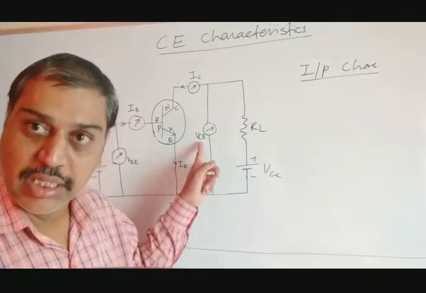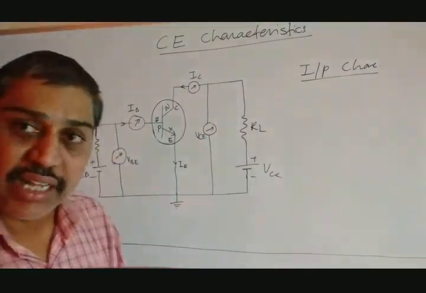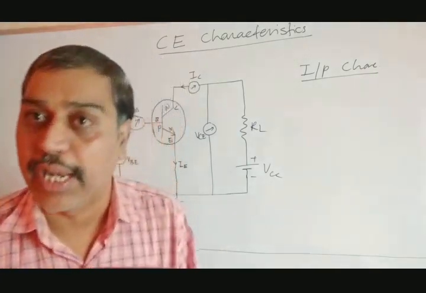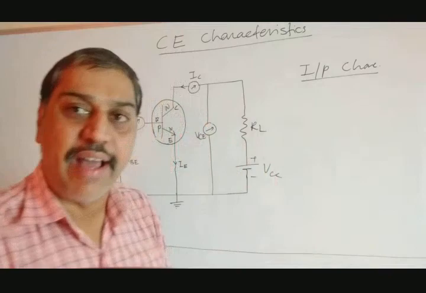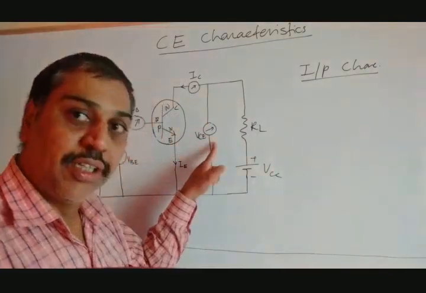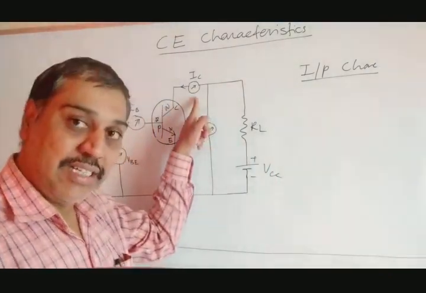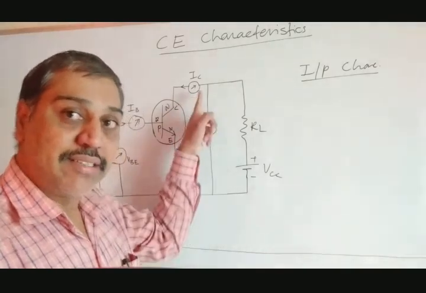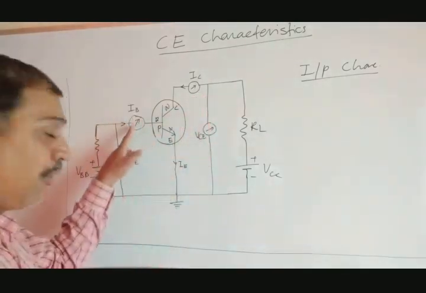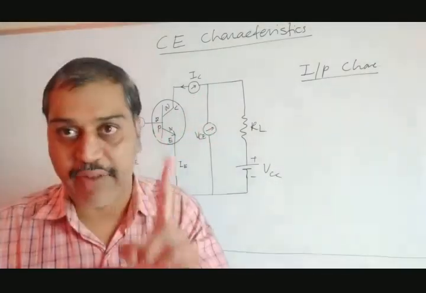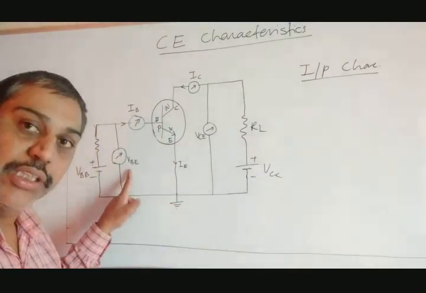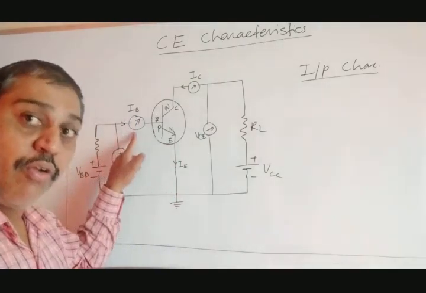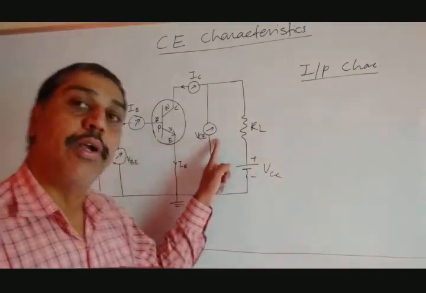That is the condition. Another characteristic is the output characteristics, related to the output. It is the variation of output current IC with output voltage, and while doing this we have to keep the input current constant. Always remember: in input characteristics, vary the input voltage and measure the input current while the output voltage is constant.